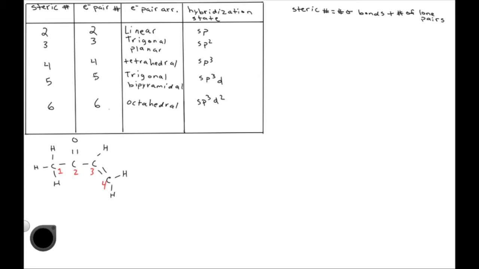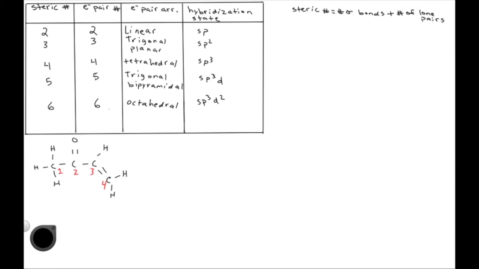So if you remember, double and triple bonds count as single bonds or one electron pair. And so because covalent bonds are a sharing of electrons between two atoms, we say that there is one electron pair in a single bond.